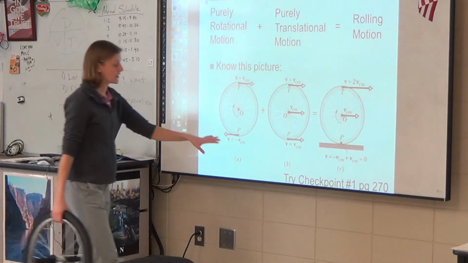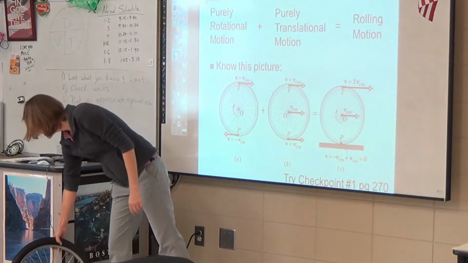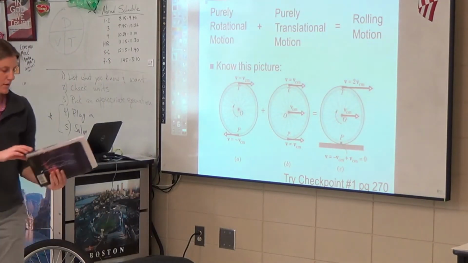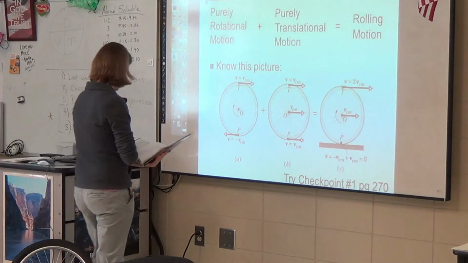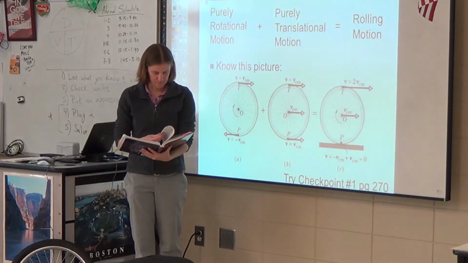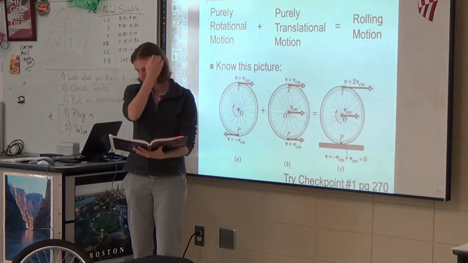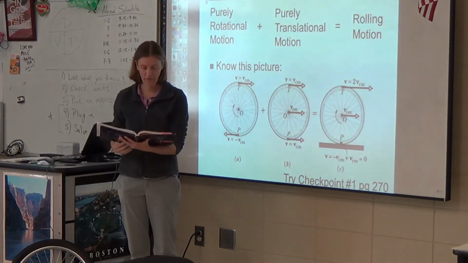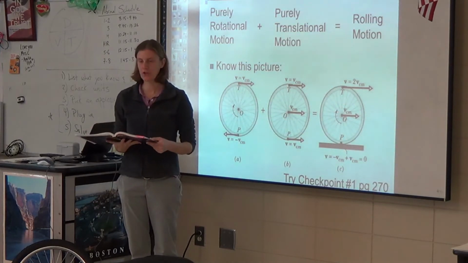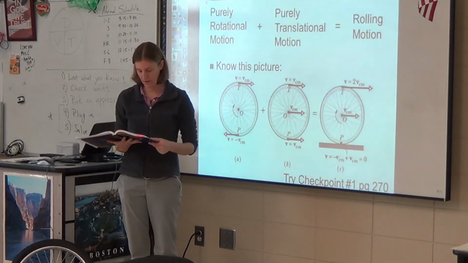And there's a good picture of this in the book. If you go to page 270, that kind of shows this. Page 270. First, just look at the picture at the top left, the bicycle wheel that's rolling along the ground.